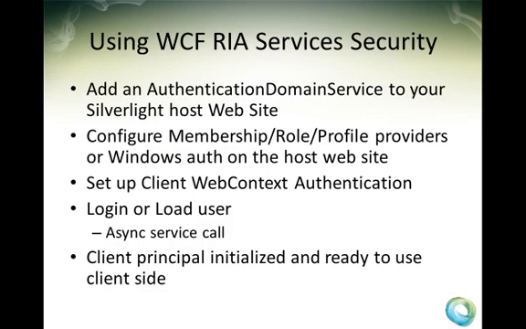On the client side, you get code generated for you, a thing called a web context, and that gives you that client-side security information. To get that populated, you're either going to do an explicit login from the Silverlight app with a dialog, or you can just join the security context to your hosting website with a load call, as you'll see. And once you've done that, you're up and running with RIA Services security.